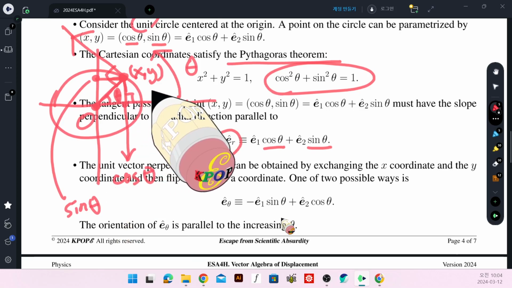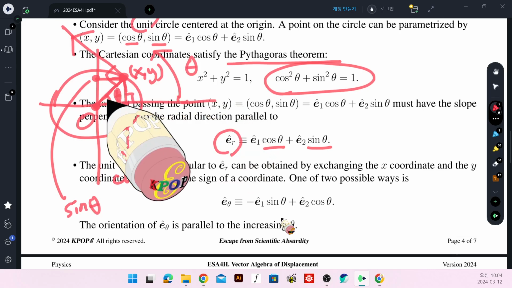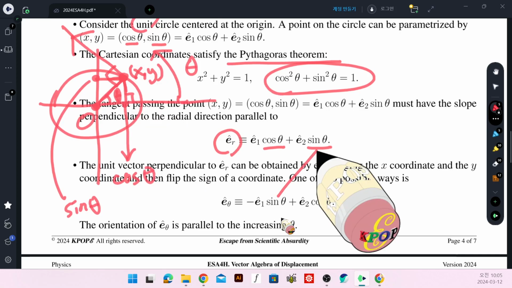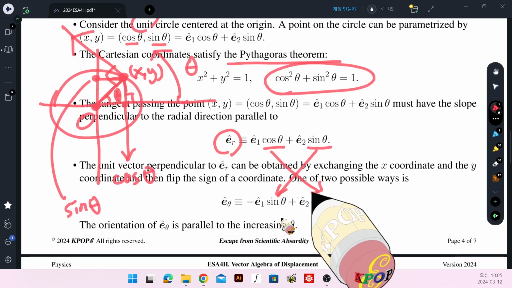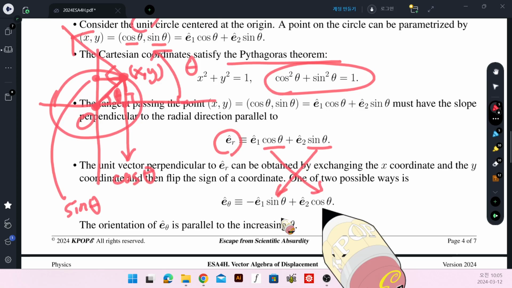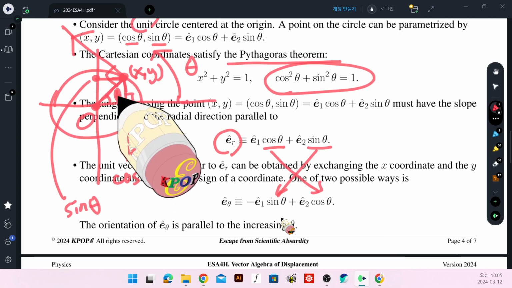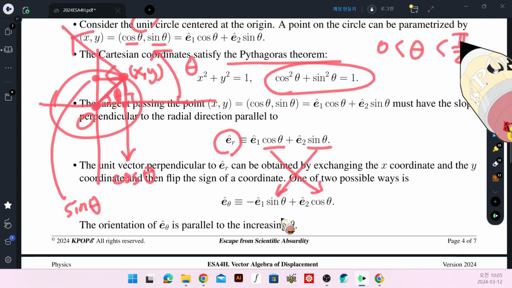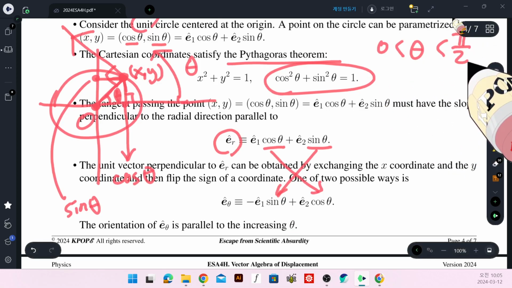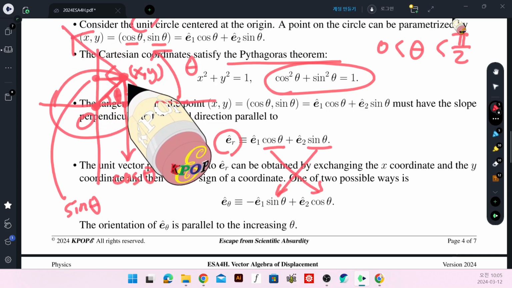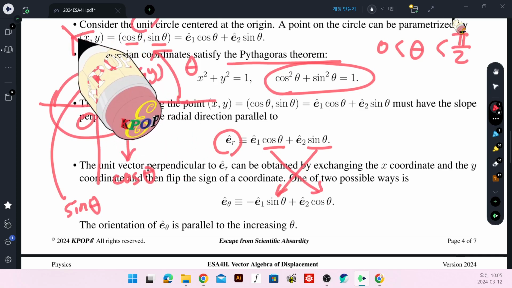We learned that a vector that is perpendicular to a vector on a plane can be obtained by exchanging two components and attaching a negative sign to one of either the x or y direction. We know for an angle smaller than the right angle, the direction has a positive y component, but negative x.